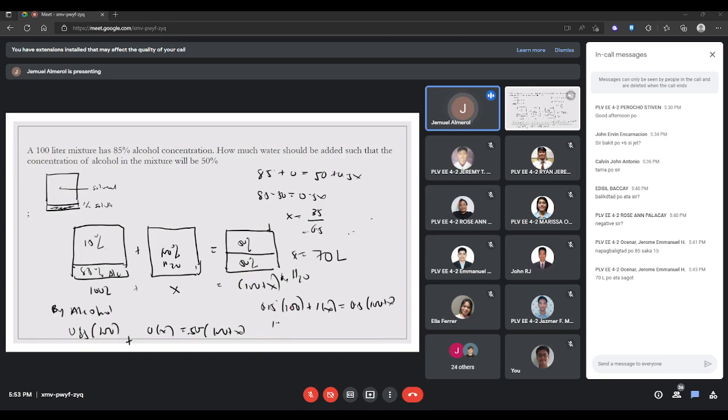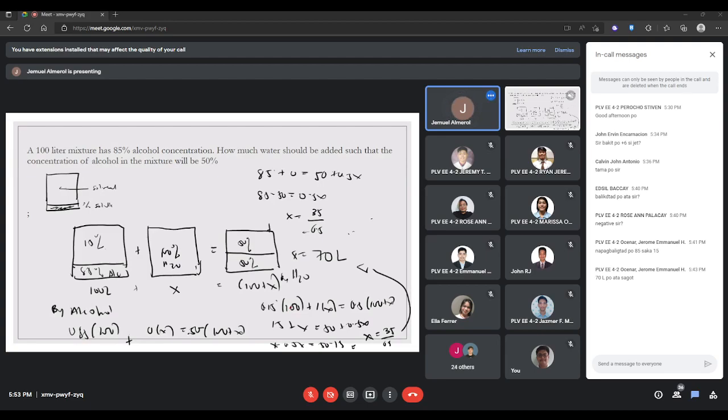This is 15 plus x equal to 50 plus 0.5x. Palit-palit, x minus 0.5x equal to 50 minus 15. So x is equal to 35 over 0.5 ulit, which gives us the same, 70. Okay? Let's proceed.